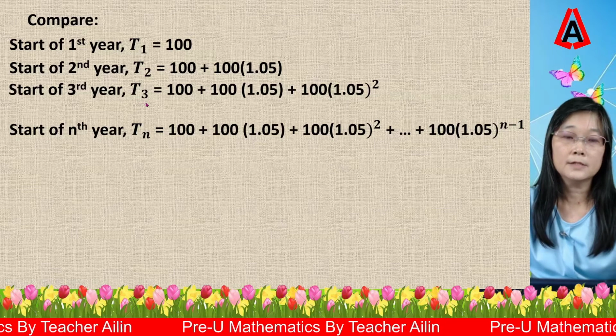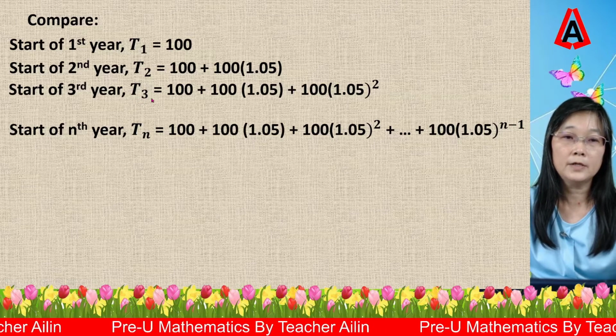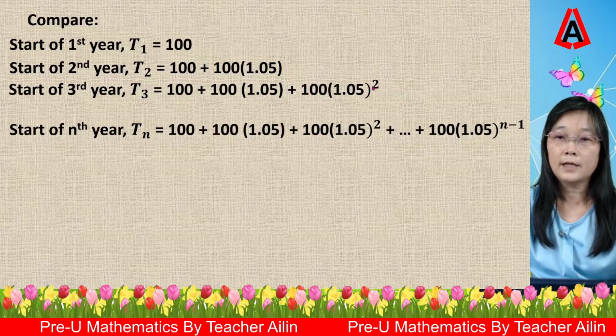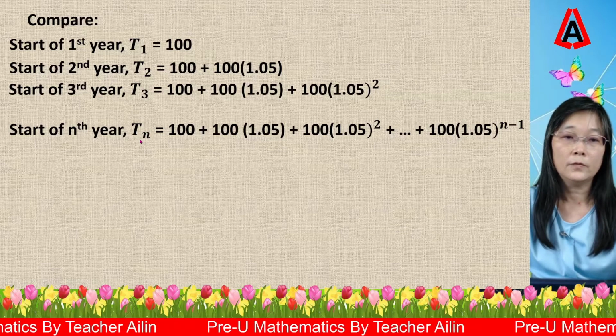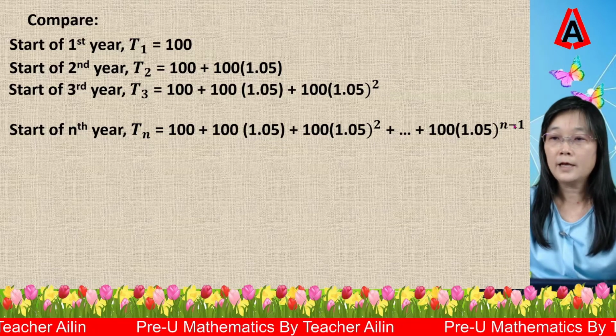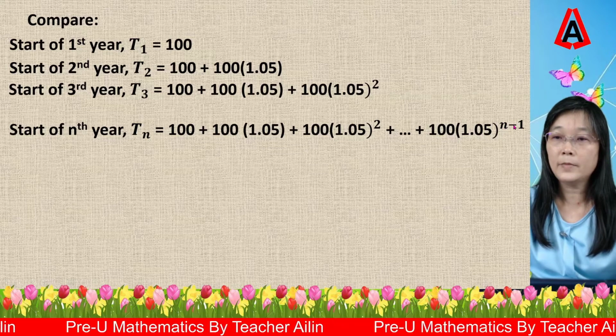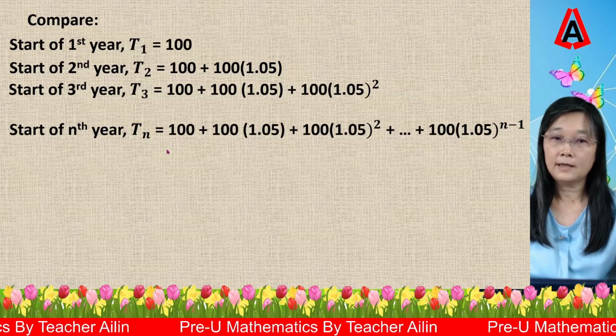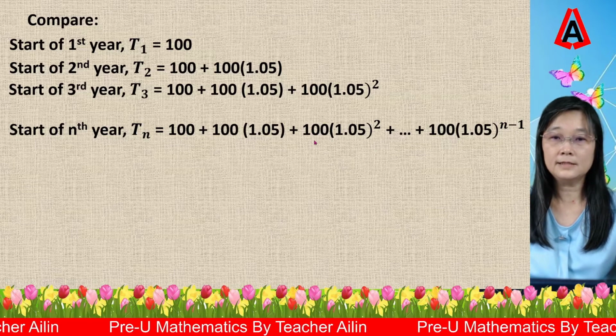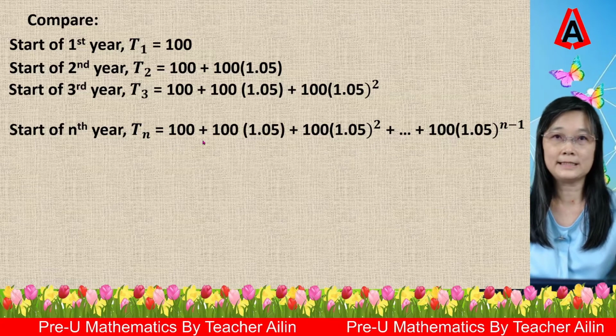Because you can see, when it is year 3, the last power is power 2. So for year n, the last power is n minus 1. Now from this series, I can see that this is actually a geometric series.